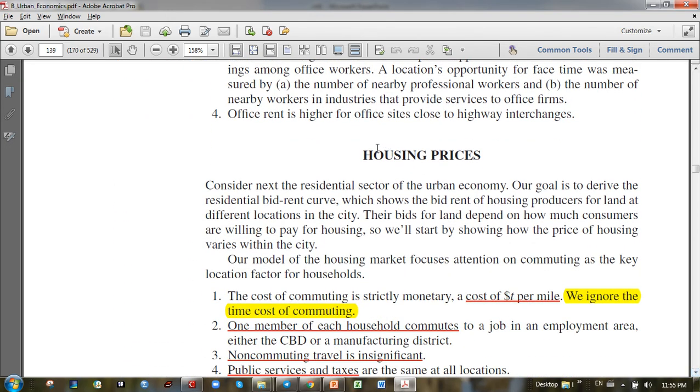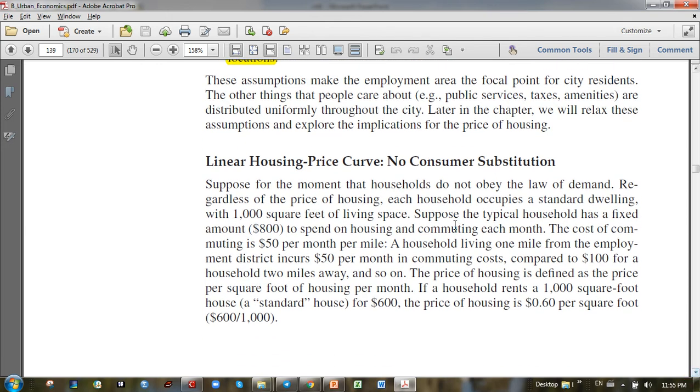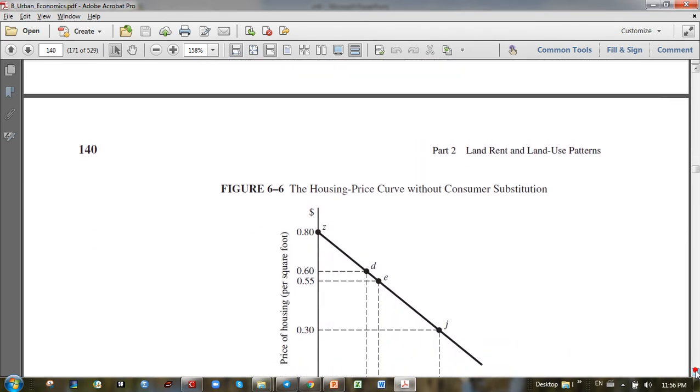Housing price. When talking about housing, we are talking about households, not about manufacturing, not about employees, not about manufacturers. Linear housing price curve, no consumer substitution. So with no consumer substitution, it is linear, a straight line, like this one.